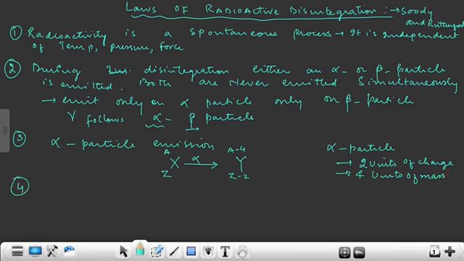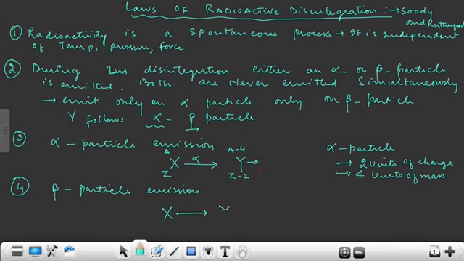Now coming to the fourth law, this is beta particle emission. When a beta particle emission happens, suppose this is X, it will not change the way it does in the case of alpha particle.